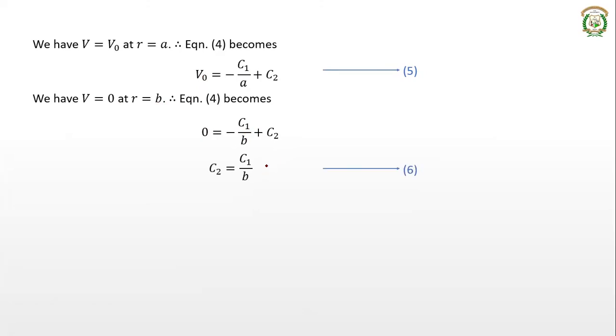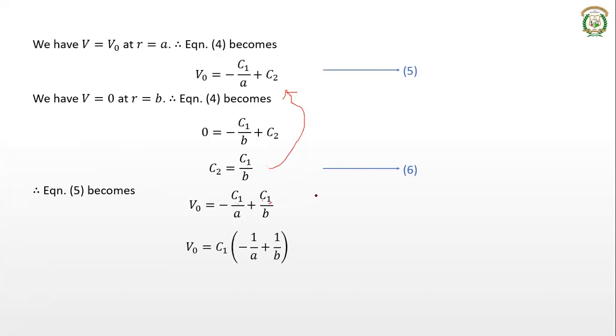So substitute this in equation number 5. What do you get? In place of C2, I can write C1 by b. So V0 is minus C1 by a plus C1 by b. In both of these, C1 is common. If I take C1 common, the factors are minus 1 by a plus 1 by b.